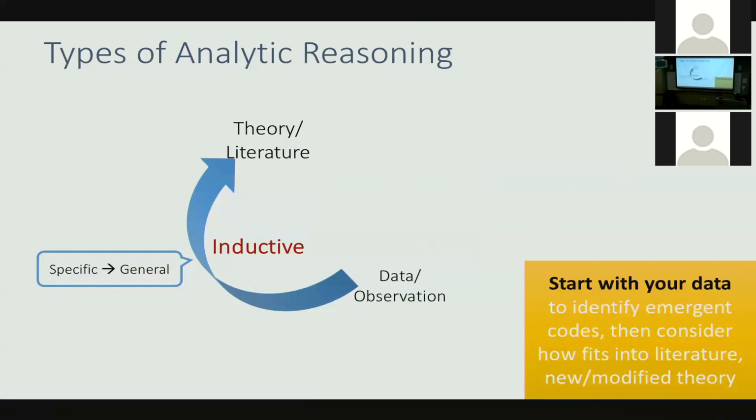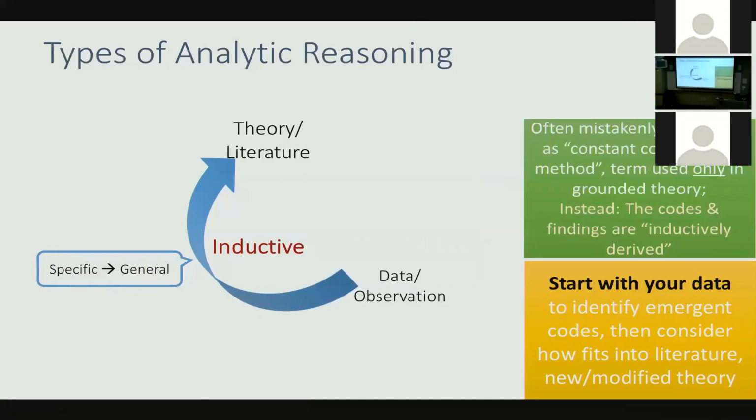Okay? So more concretely, you start with your data to identify any emergent ideas or codes that come up. And then you might see how that fits into the literature and you modify that according to theory. In some instances, this is often mistaken as a constant comparative method, which is really only used during the grounded theory analytic approach.